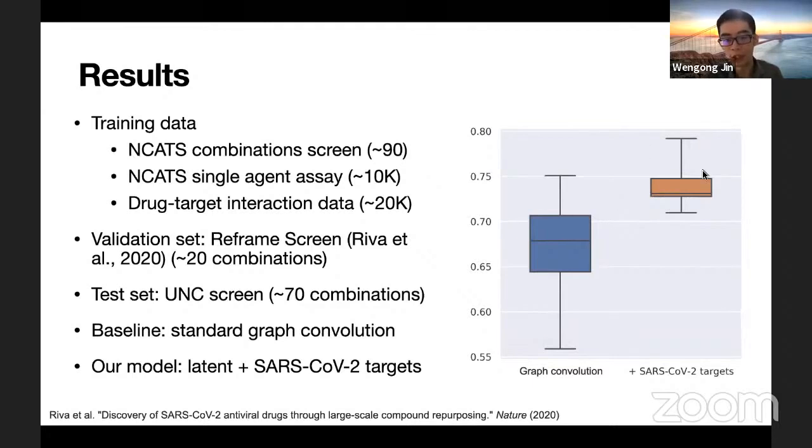As you can see here under fivefold, so basically we run our model 5 times with different random seeds, and as you can see here on the right-hand side, by modeling drug target interaction, we can actually do a lot better than the standard graph convolution that is trained only on the drug combination plus the single agent assay.